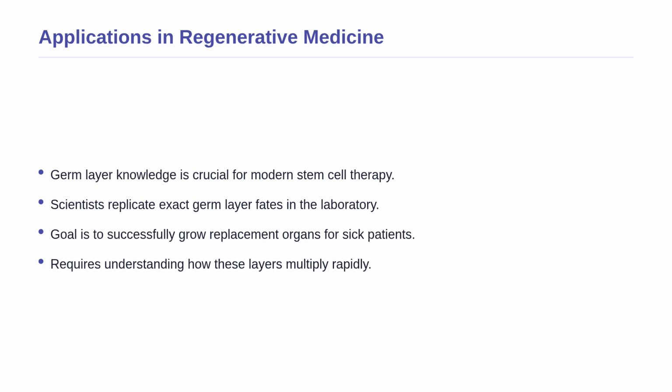By guiding unspecialized cells down the specific pathways of the ectoderm, mesoderm, or endoderm, their ultimate goal is to successfully grow replacement organs for sick patients. However, to achieve their final fate, these germ layers do not just change shape, they must multiply rapidly to generate enough mass. This brings us to the mathematics of embryonic growth.